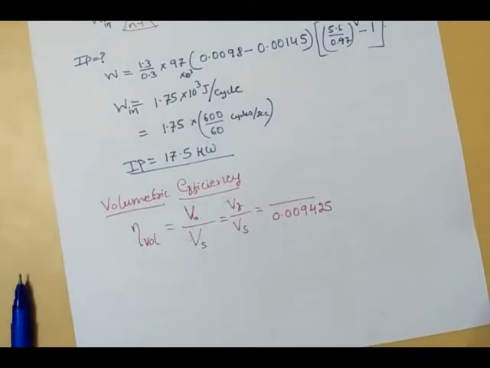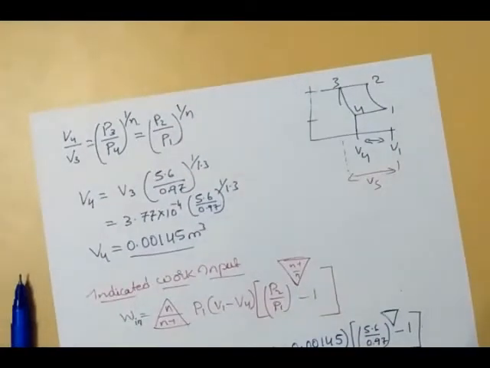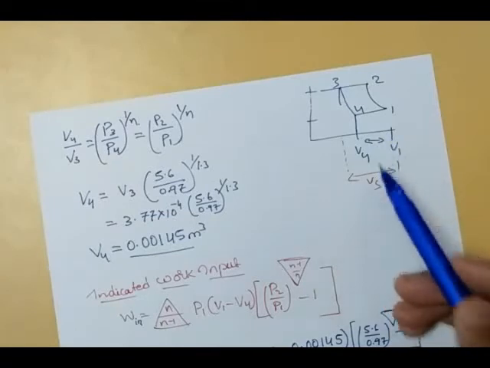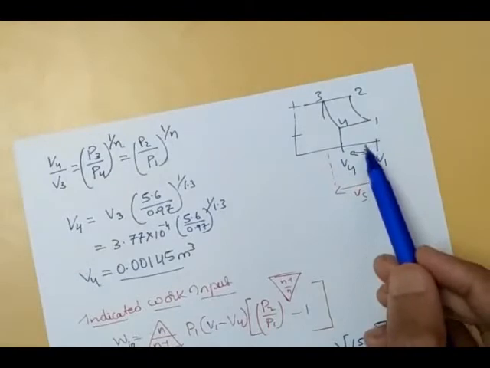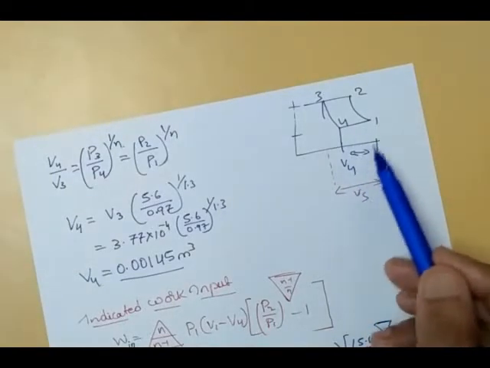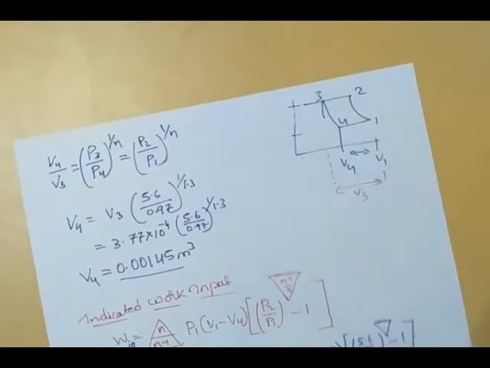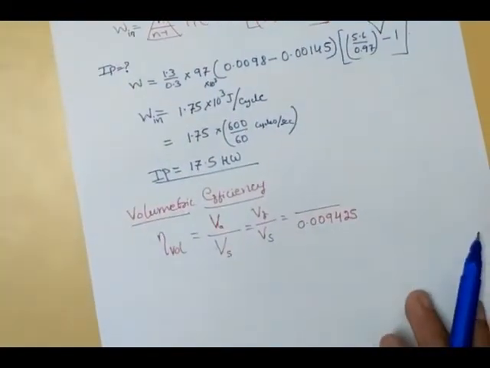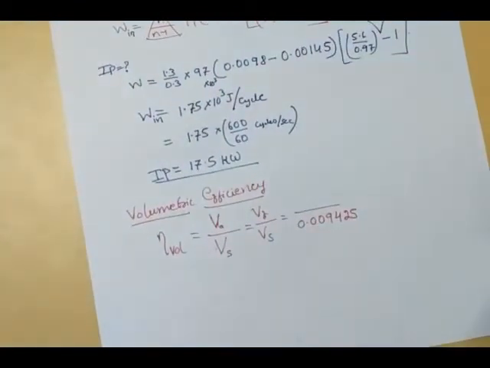But we don't know the volume of this compressed gas at free air conditions. Now this volume is at the compressor intake conditions, but we have to calculate it for atmospheric conditions, that is free air conditions.